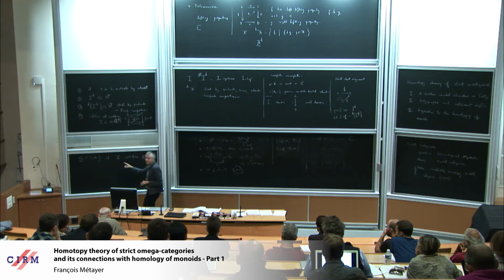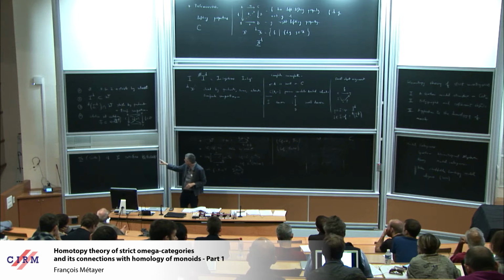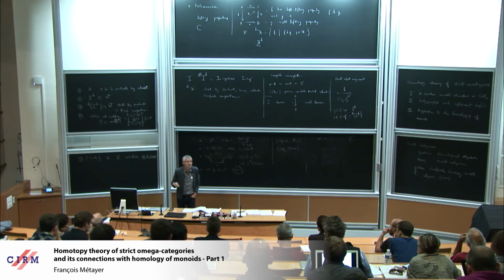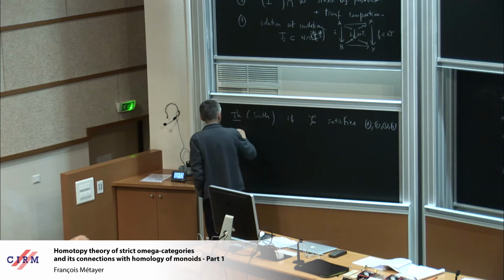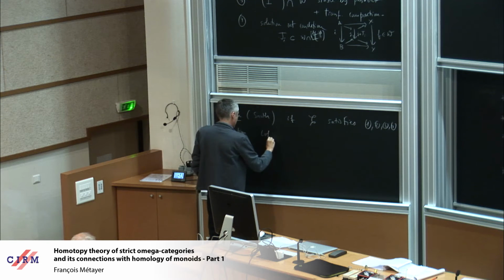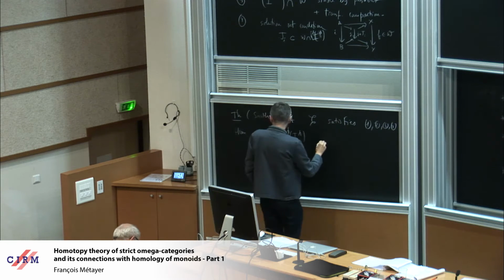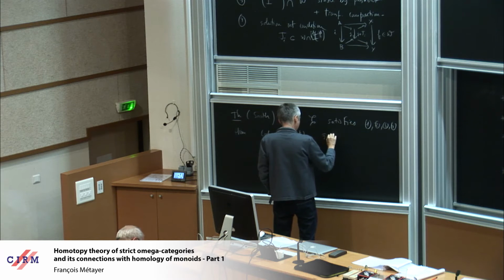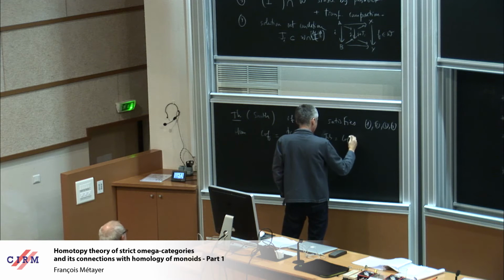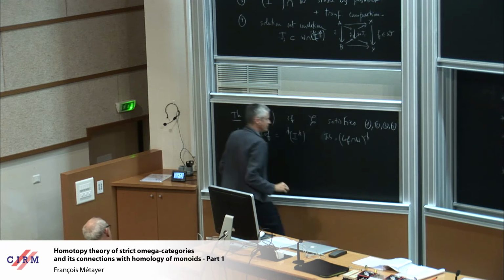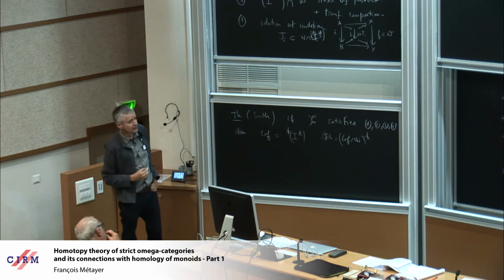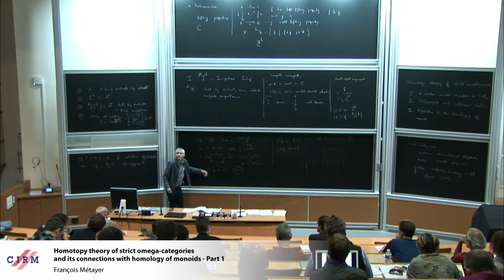So the theorem by Jeff Smith says that if C satisfies these 4 conditions, then if you define the cofibrations as the I cofibrations, that is this, and of course, fibrations are those, then you get a model structure in this sense here.